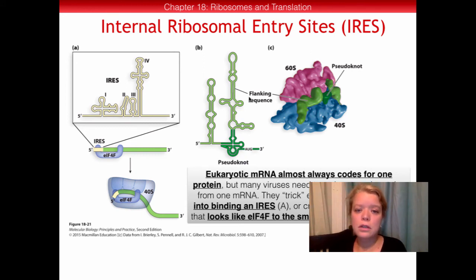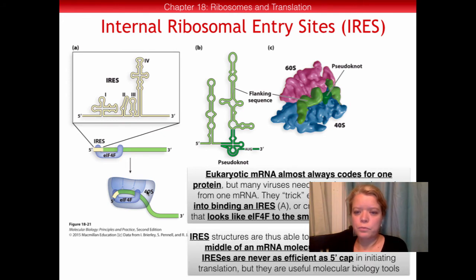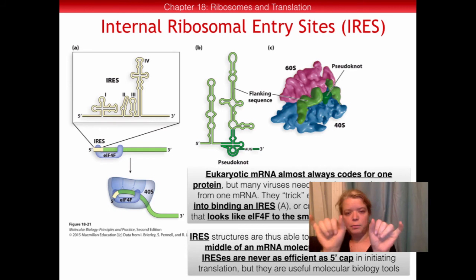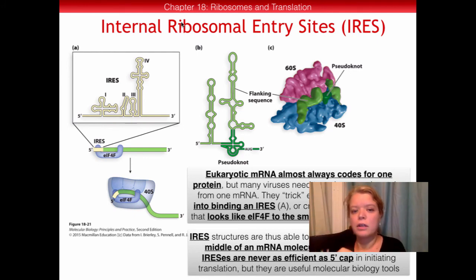So this also allows the 40S subunit to bind in that location and triggers initiation of translation there. So if you have an IRES, an internal ribosomal entry site, a ribosome can enter and then start translating the following message after that. The first available AUG will still set the frame of translation. That's how eukaryotes do it.